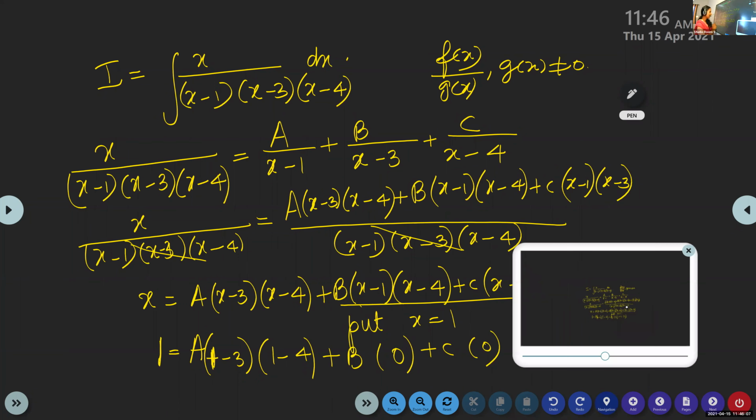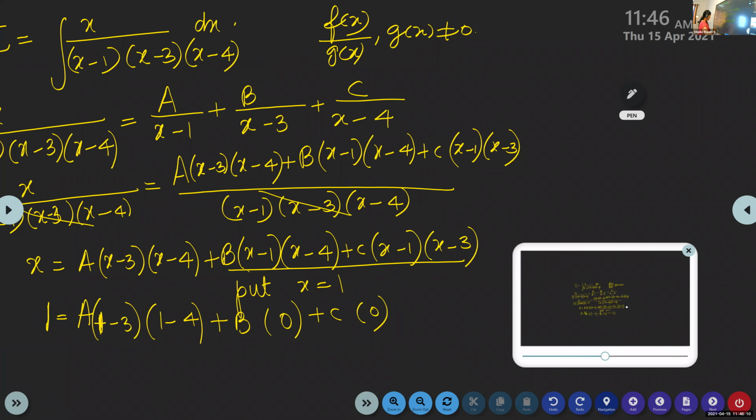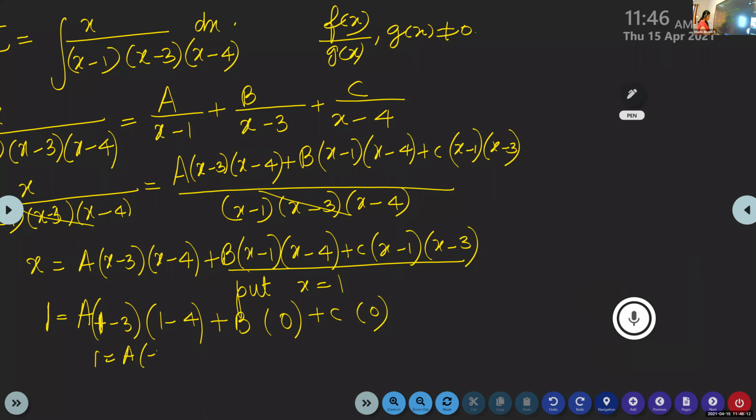Give me the value of a. 1 by 6. It is 6. So A is 1 by 6.